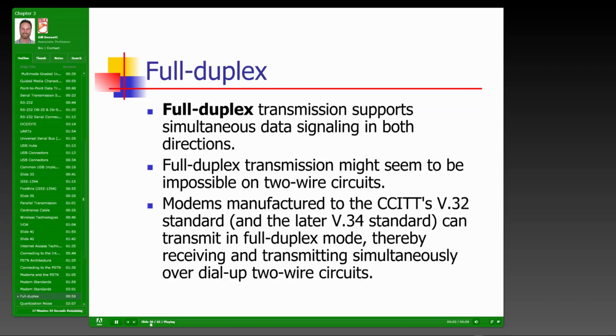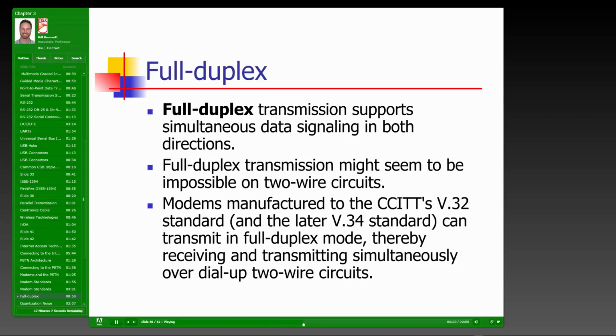You might remember we talked about full duplex and half duplex previously. Just a reminder that full duplex allows for transmission in both directions simultaneously. Since we only have a 2-wire circuit in a phone system using a modem, one being the ground, one carrying the data, you would probably assume that full duplex would not be possible on a 2-wire circuit.